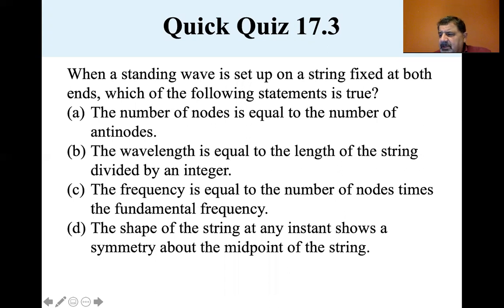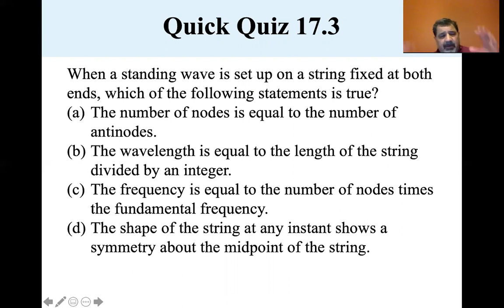Well, that's not right. That's only true for half of the modes that you have. It's not true for any odd numbered mode. The frequency is equal to the number of nodes times the fundamental frequency. That would be correct if we replace the word nodes with antinodes.